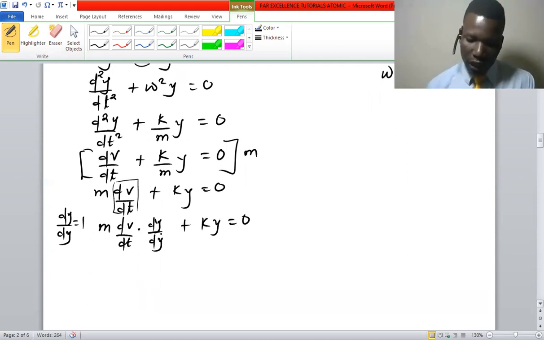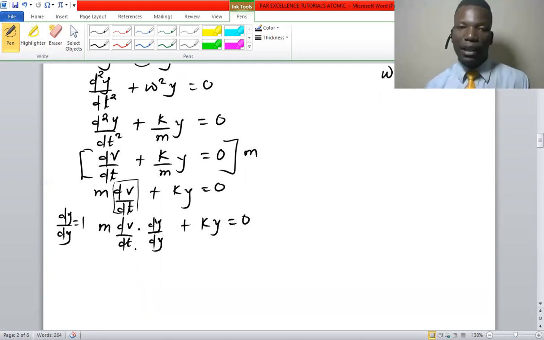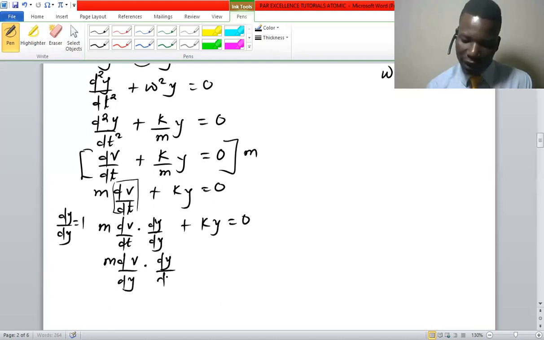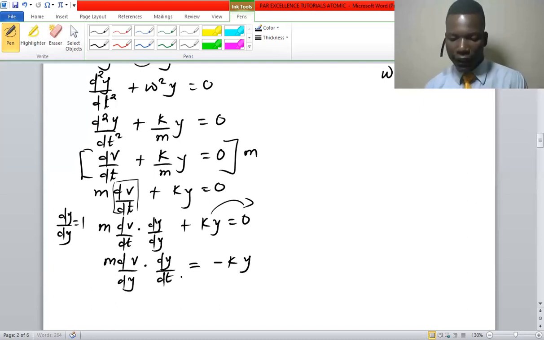Now we can swap the denominators here. This is multiplication. So we're going to have m change in v with respect to y, times change in y with respect to t, and we subtract ky from both sides, so we have negative ky this side.